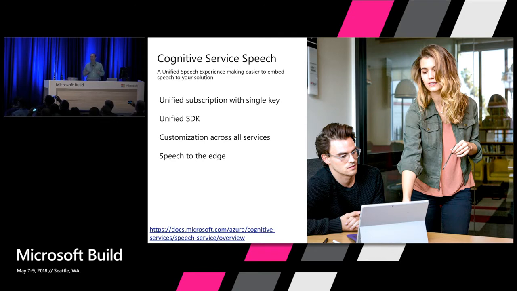So practically what that means is that you can go to Azure, you can get a single subscription key, and with that key, you get access to all these different APIs. On top, there is an SDK. We call it a Speech Services SDK, via which you can manage access to all these different services. And it's nice because it really simplifies and unifies the programming experience.